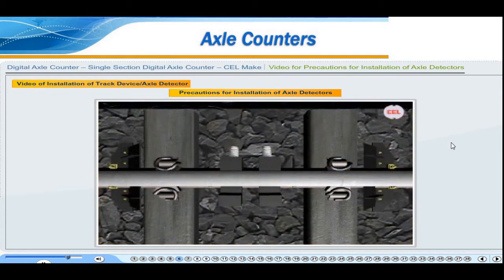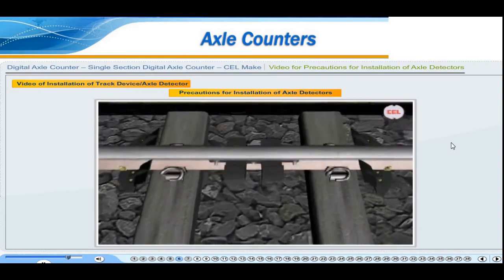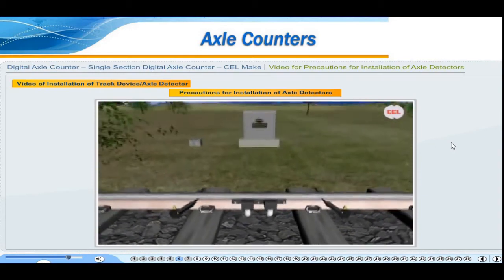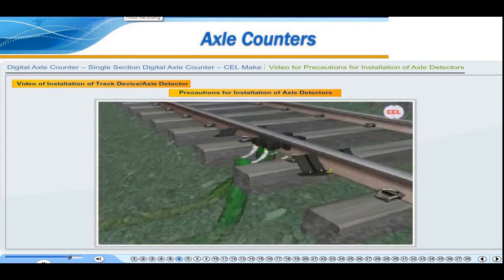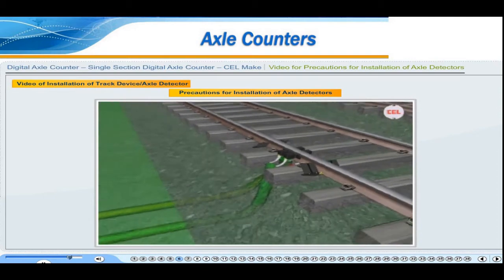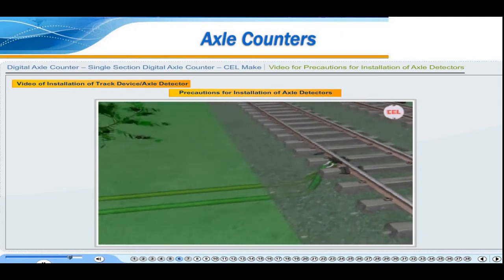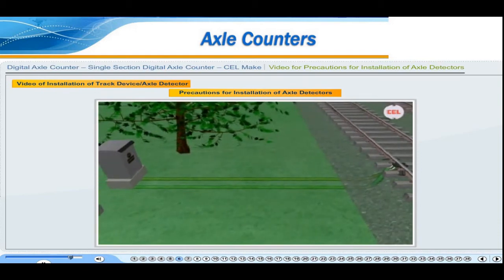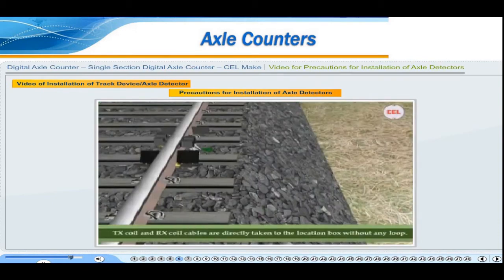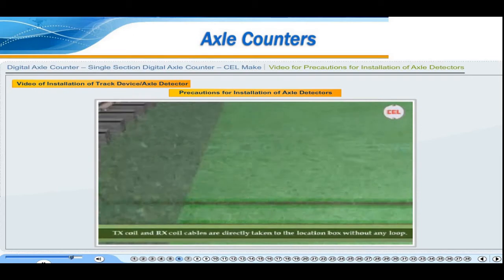Number 6. Ensure that the distance between the location boxes and the axle detectors is less than 10 meters, as TX coil and RX coil cables are provided with 10-meter cables. Number 7.